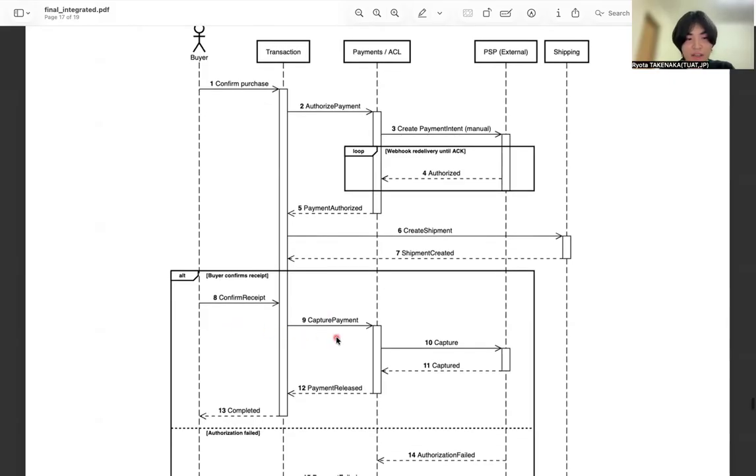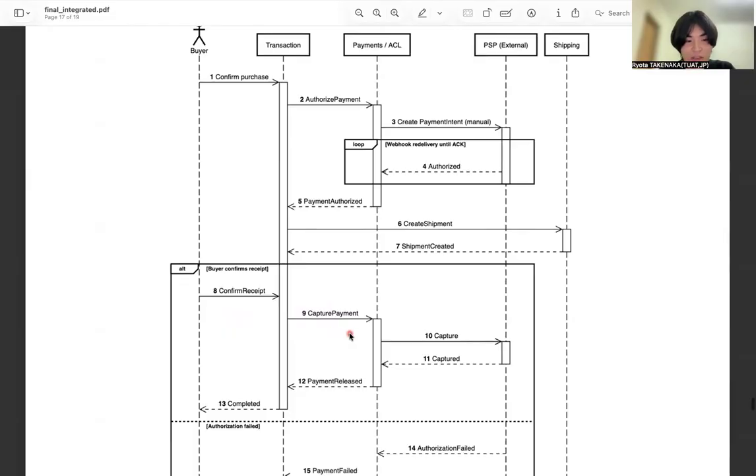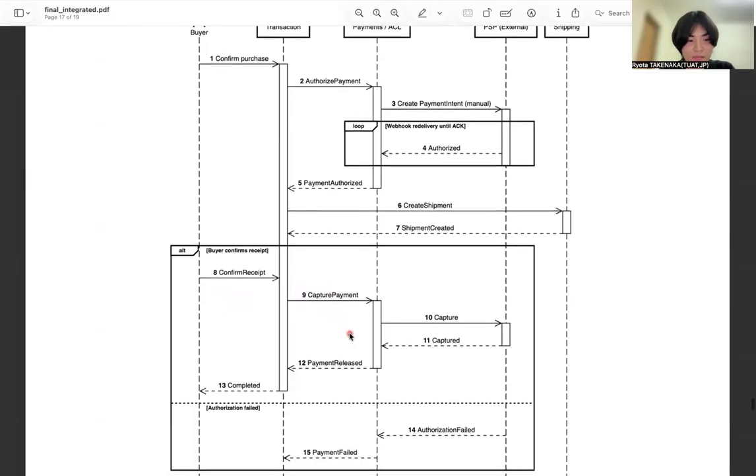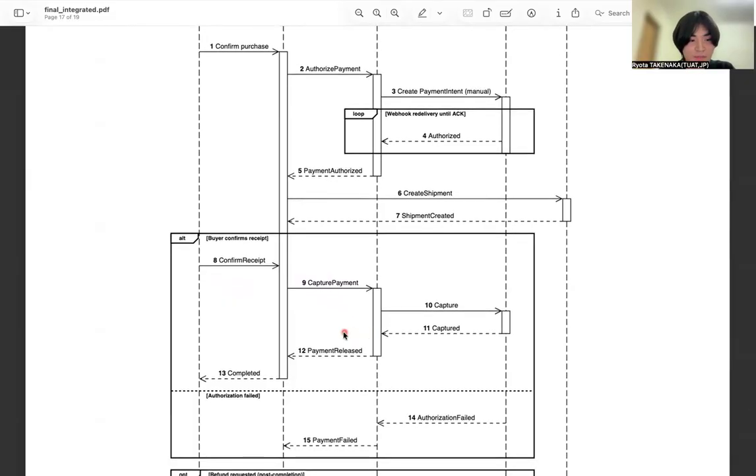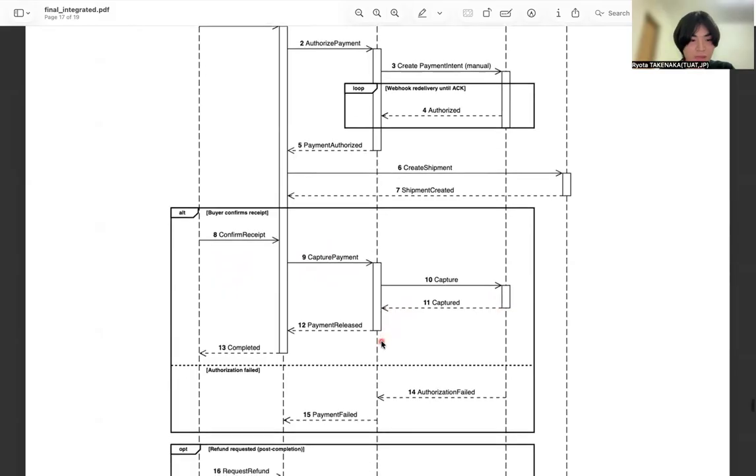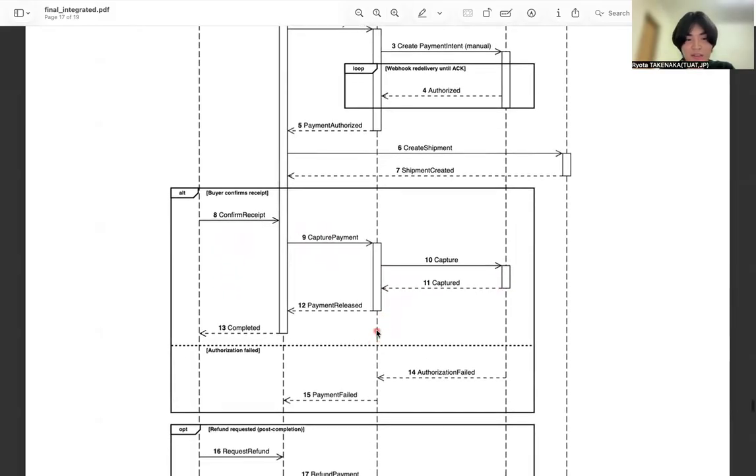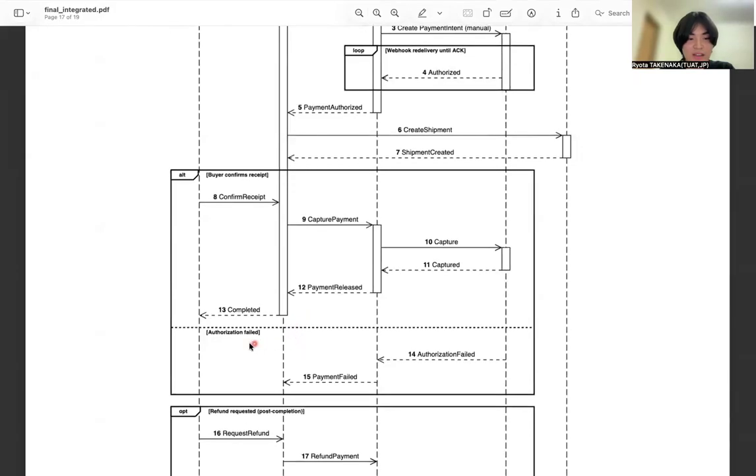The transaction context sends the capture payment command, and next, the ACL tells the PSP to capture, and the PSP sends a captured webhook, and the ACL translates this into a payment released event. And finally, the transaction context receives this event and moves to the completed state, sending a notification to a buyer.